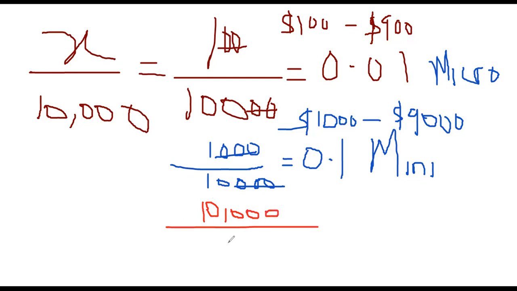So this is 10,000 over 10,000. 10,000 divided by 10,000 is what? 1. So this is 1, and that's the standard lot size.